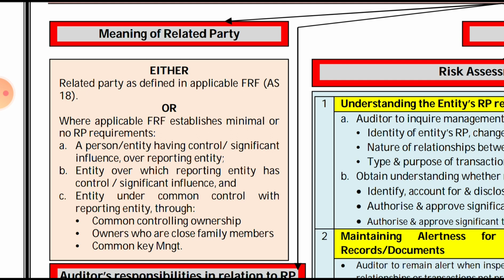There are three relations in this: common controlling ownership, owners who are close family members, and the common key management.